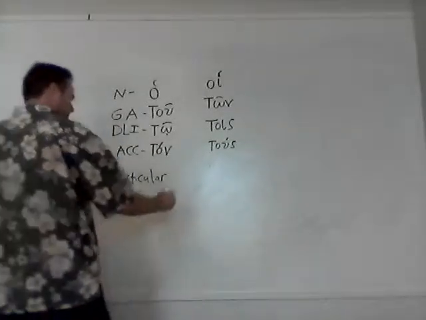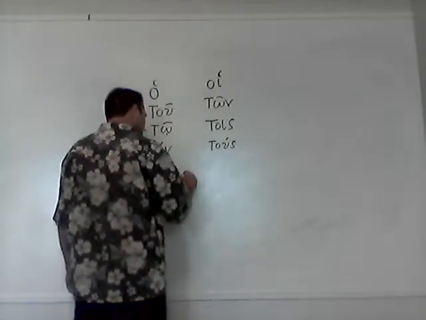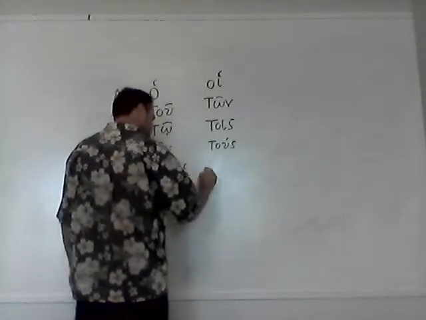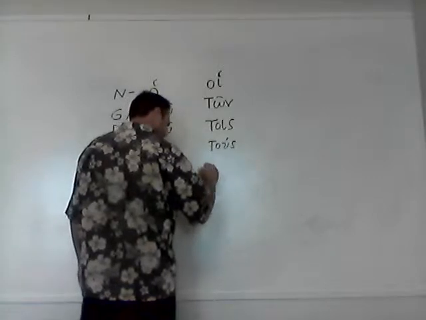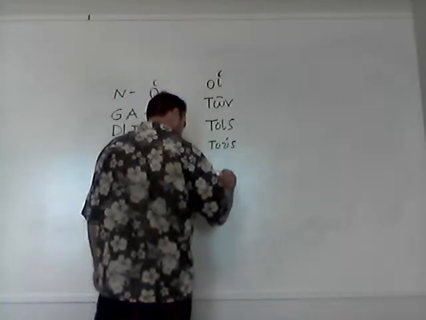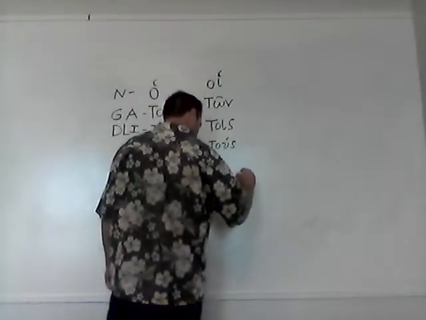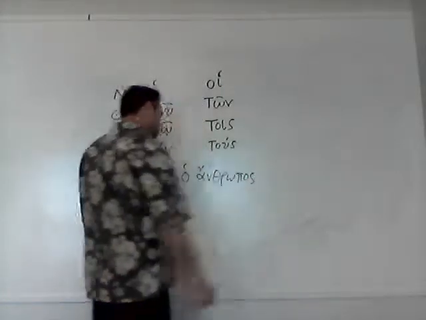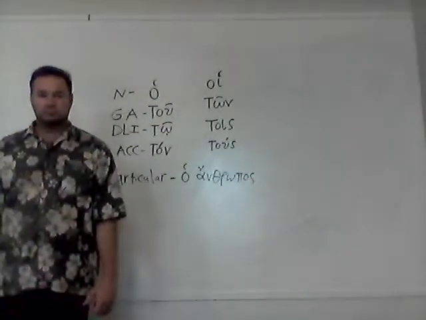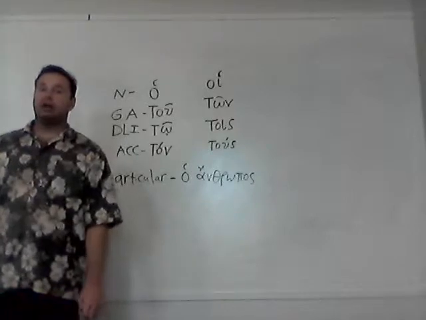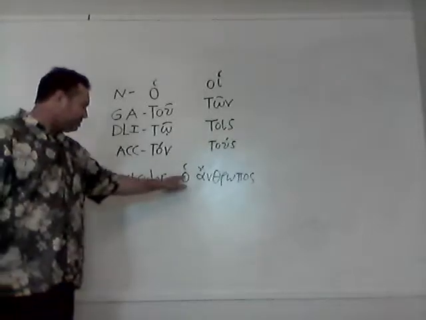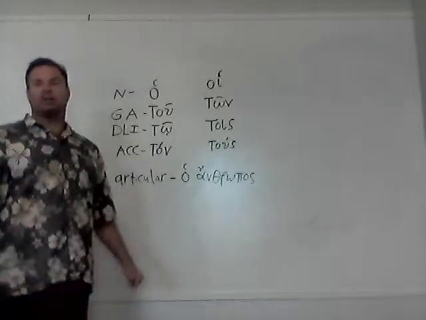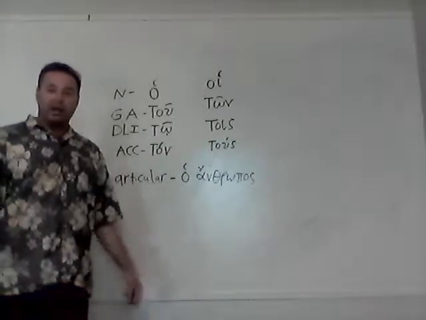So, for instance, anthropos with the article would be an articular noun. And we would usually translate that article as the man.